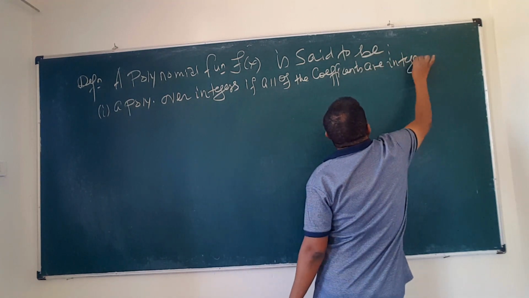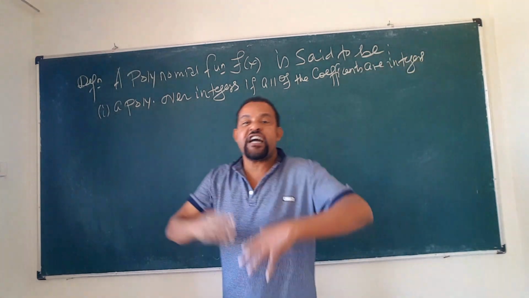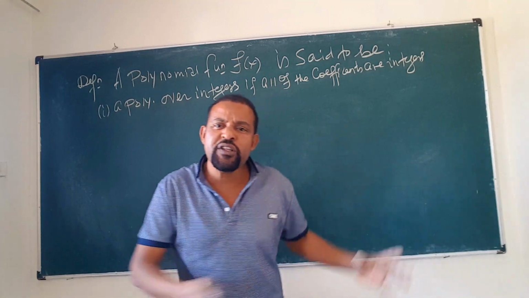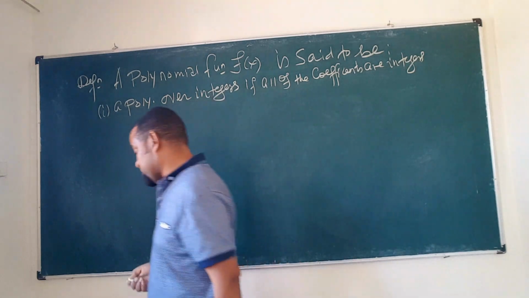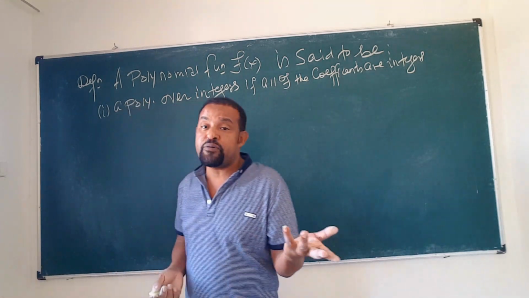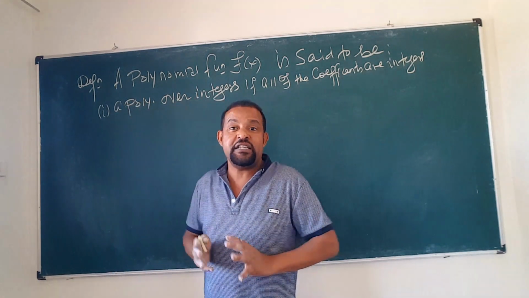Integers. If all of the coefficients are integers, the polynomial is said to be a polynomial over integers. Good. In the future this is very important; it is called a polynomial ring.